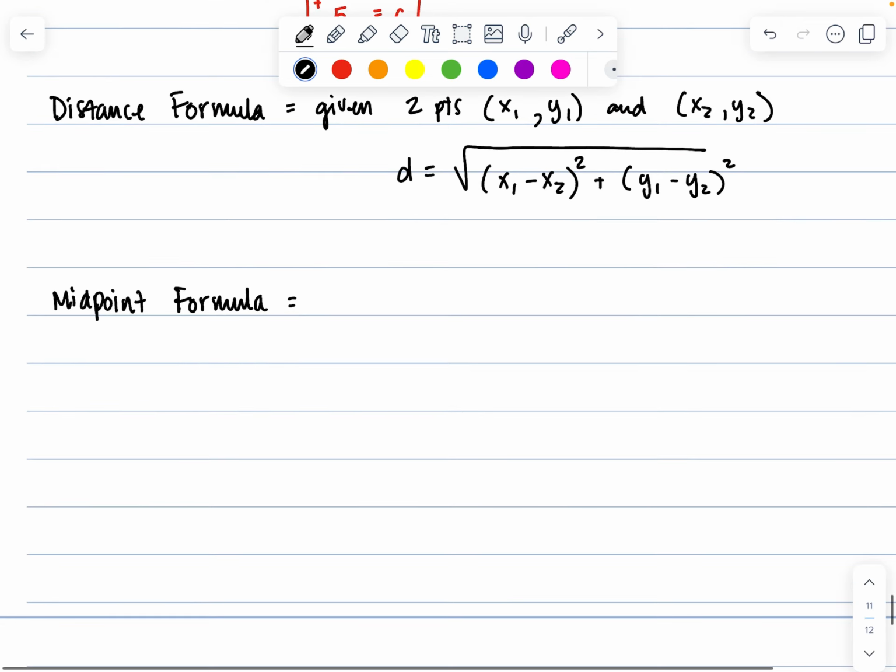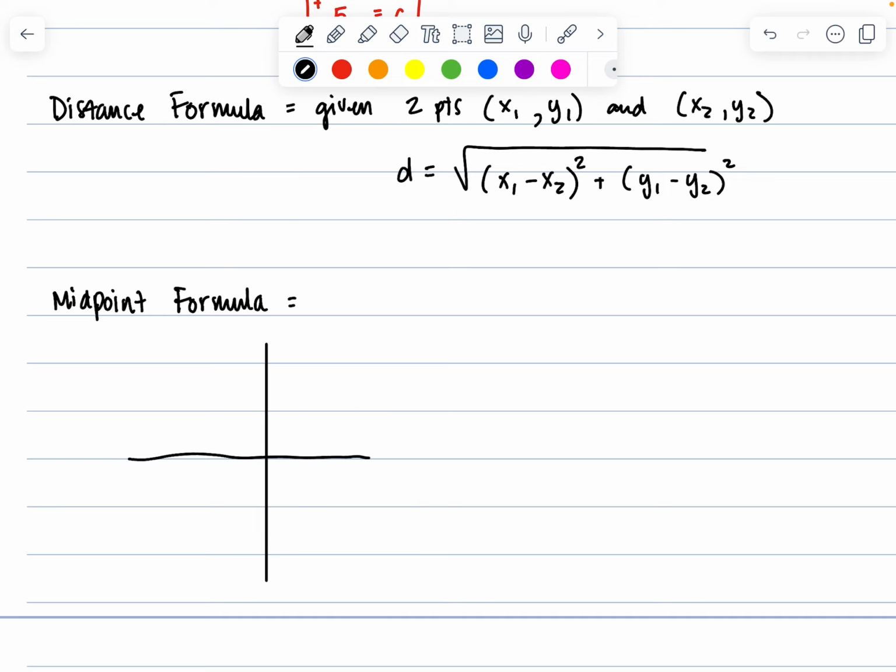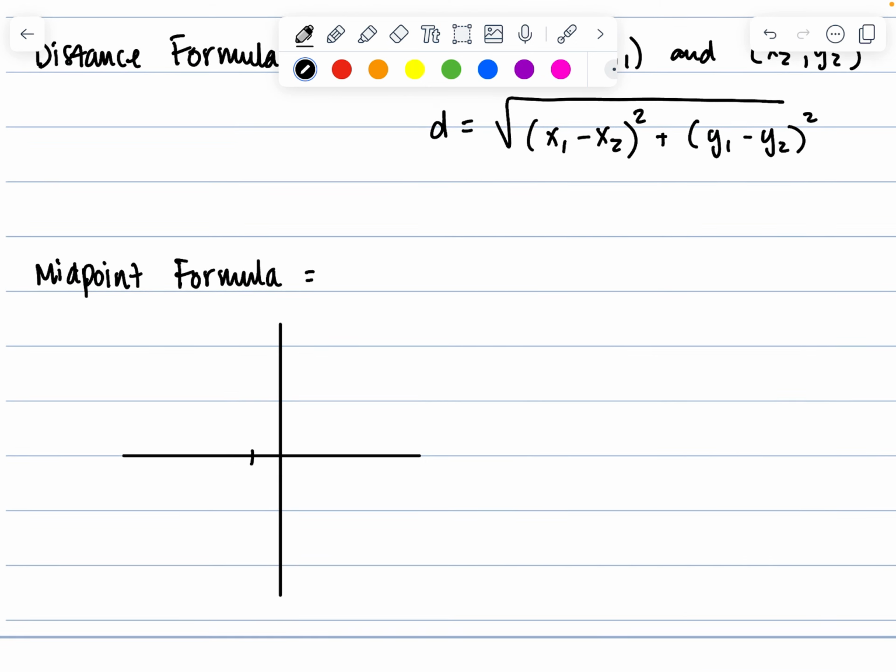So if we have, for instance, a diagram, let's draw a quick sketch. Let's call this -1, 2, and then we have another distance here. Let's call this 1, 2, 3.